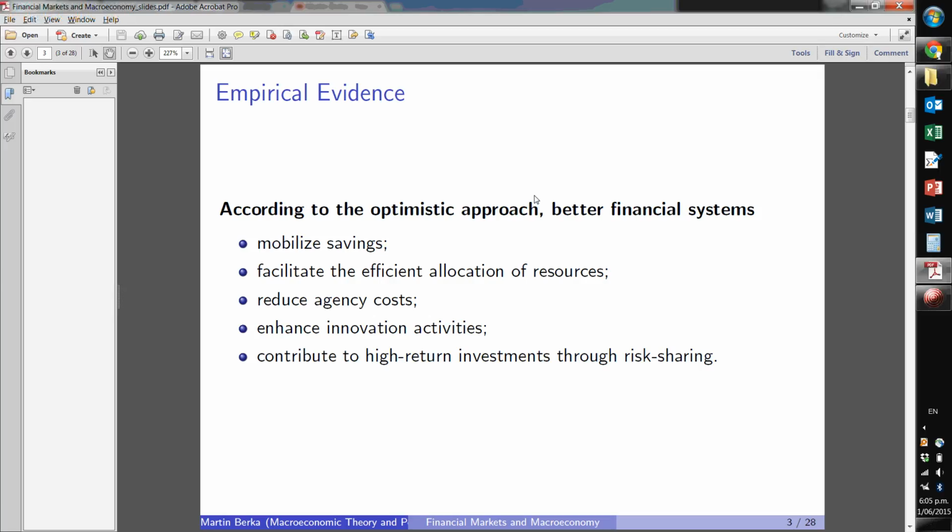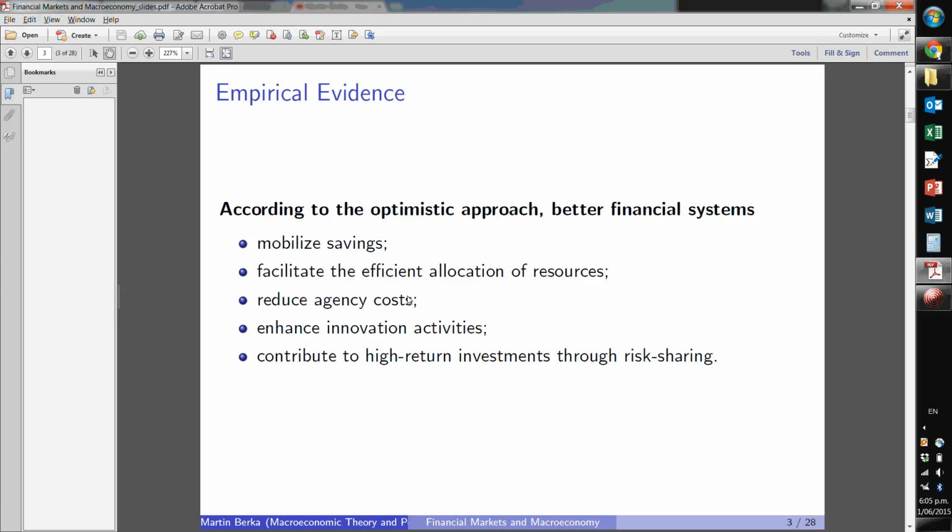Right. So, according to the optimistic view of financial systems, they have lots of benefits. These would be some of the benefits: mobilization of savings, facilitation of efficient allocation of resources, and reduction of agency costs. The principal-agent problem is reduced by having a centralized banker, not a central bank literally, but rather than every lender monitoring every borrower, you can have a centralized capacity that reduces agency costs.